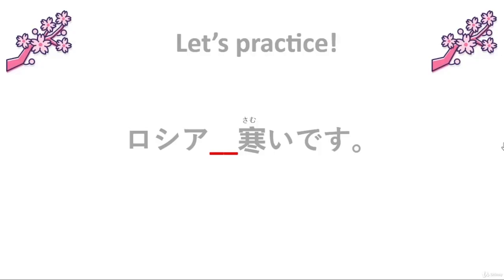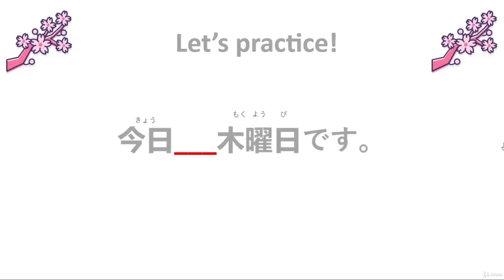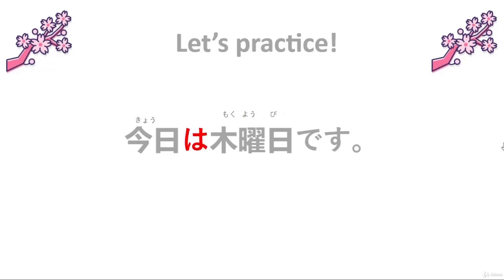ロシア寒いです。Russia is cold. What particle would I use here? ロシアは寒いです。As for Russia, it's cold. Very good. 今日木曜日です。Today, Thursday is. What particle would I use here? 今日は木曜日です。As for today, it's Thursday.